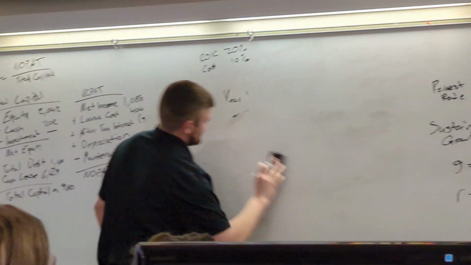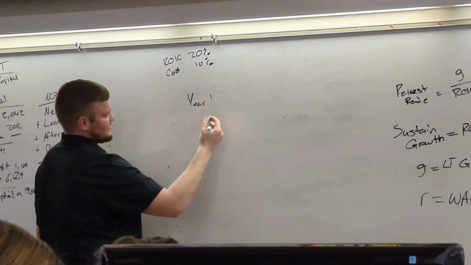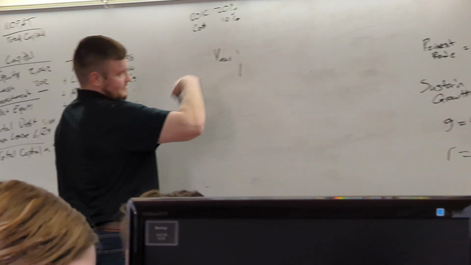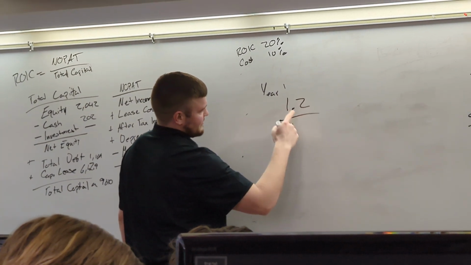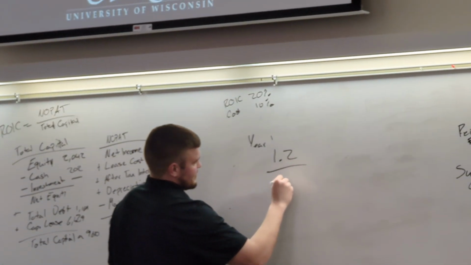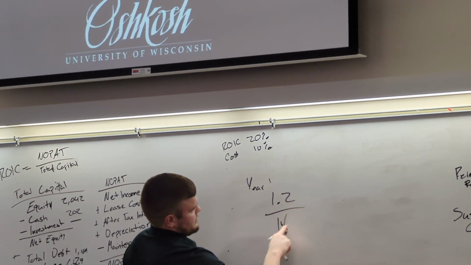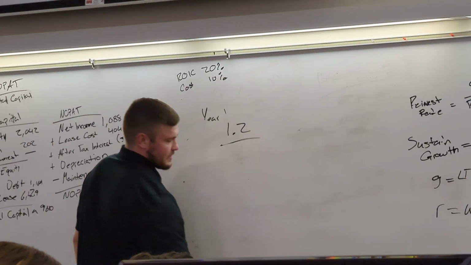I've got to think how to set this up. Just think of when I discount stuff back, if I earned my 20% on my $1 this year, plus 9. I'm going to slow down here.